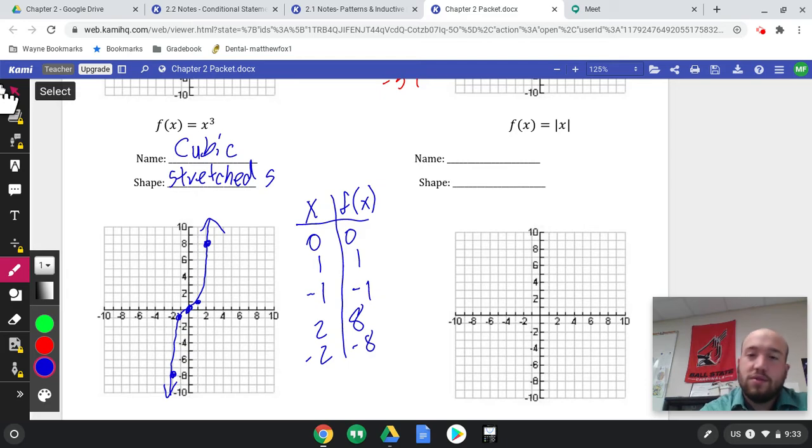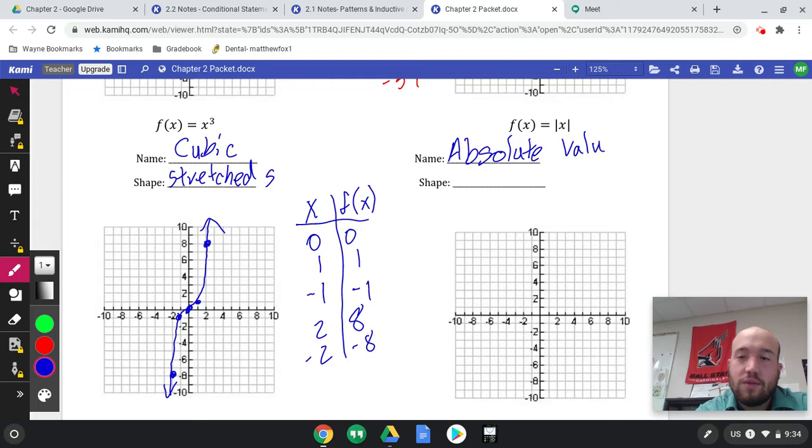Because of the absolute value, we actually can't use our even or odd rules, but I'm guessing lots of you know this one. It's going to make a V shape, and if we think about x and f of x, if I plug in a 0, I still get a 0.